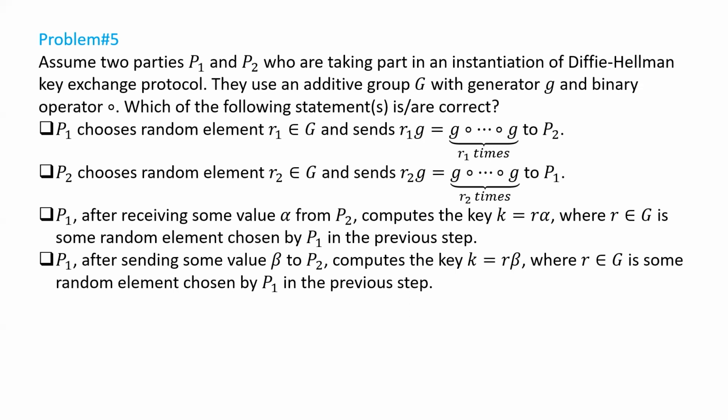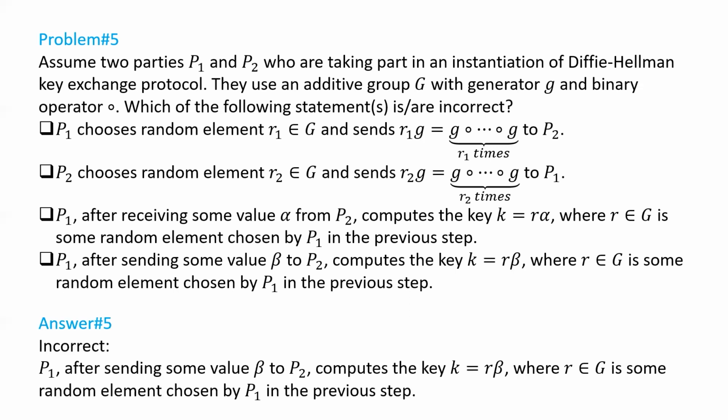So P1 sent R1G to P2. Now it is doing R into beta, that is R1 into R1 into G, which is of course not a valid key, because in that case, P1 would compute R1 square G and P2 would compute R2 square G, which would not lead to some common key K. So the fourth statement is actually wrong. So the first three statements are correct.